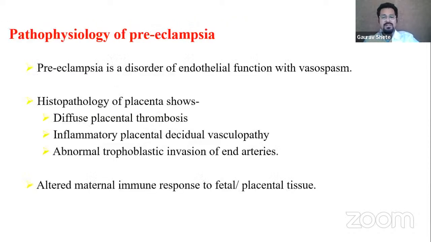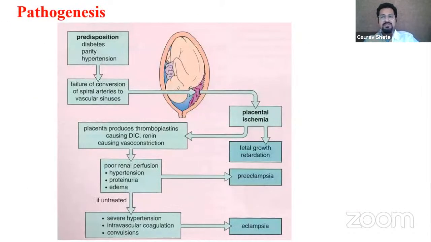Because of all this, there is vasoconstriction, poor renal perfusion, proteinuria, and edema. If untreated, this goes into severe hypertension, vascular congestion, cerebral edema, and this can cause convulsions later.